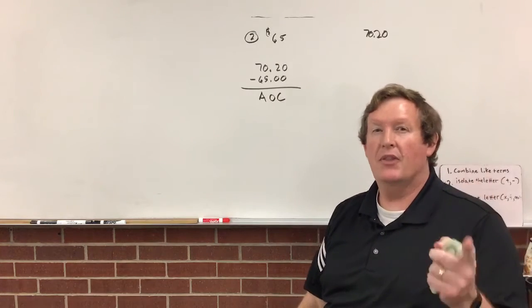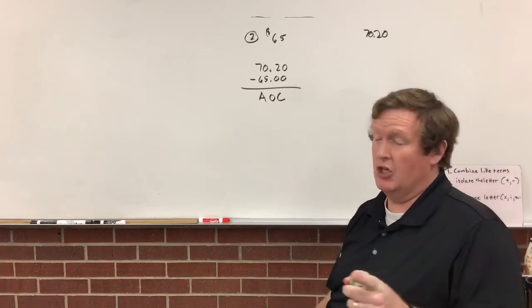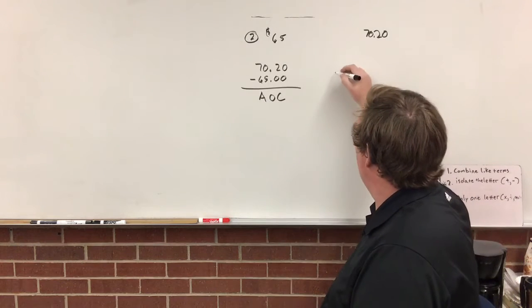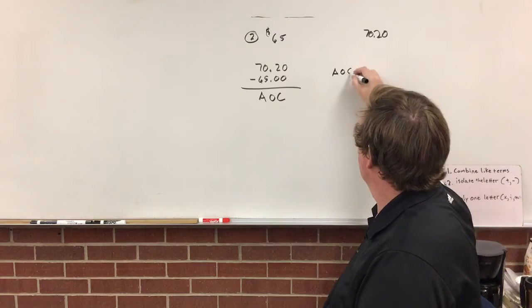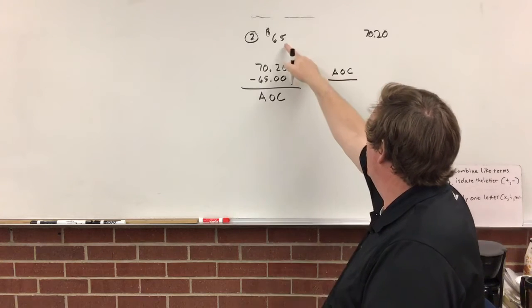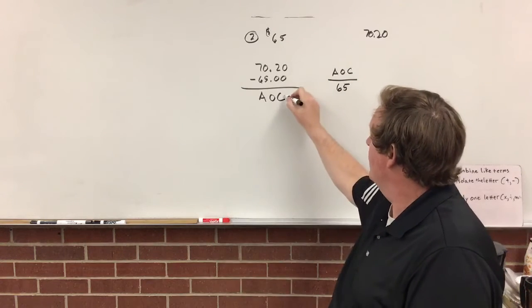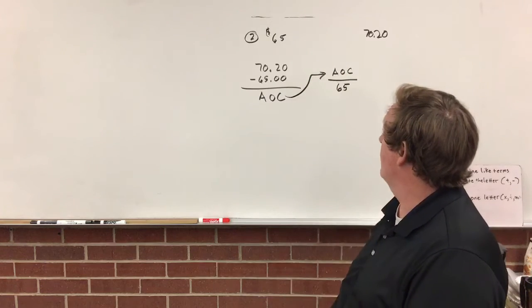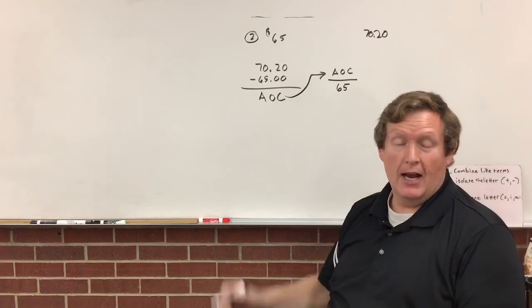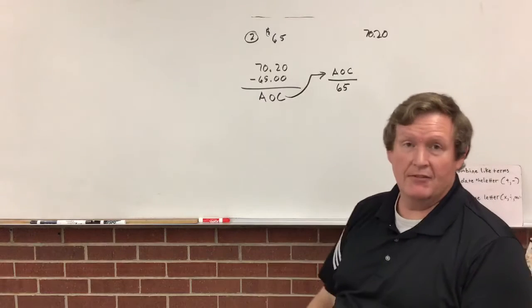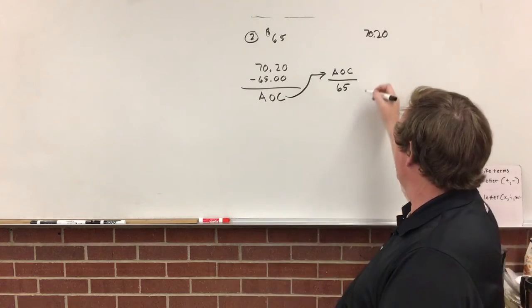Okay? So then, to find the percent of change, we take the amount of change and divide it by the original or the old price, which is $65. So this number goes up here, and then we divide by $65. It will give us some kind of answer.